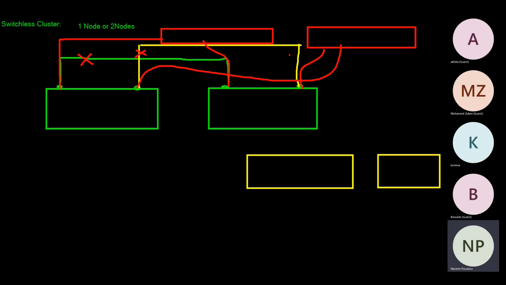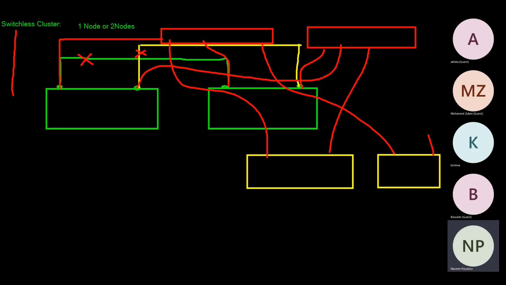We need to change the connections and convert it from a switchless cluster to a switched cluster. Then we can add our new nodes. So whenever you are doing this kind of configuration, don't think only about that time, think about the future as well, and base your purchase on that.